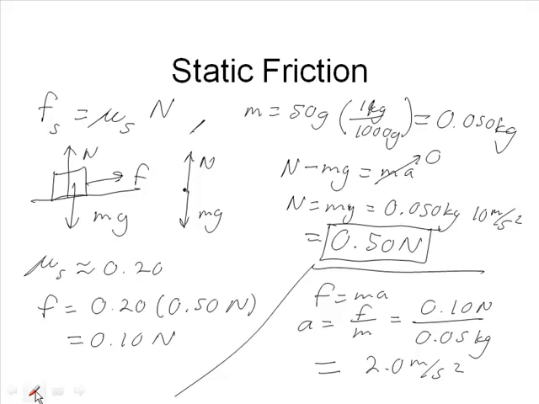So let's consider the reasonableness of this. We've just said that we've got a force of friction of 0.10 newtons, which will give us an acceleration of 2 meters per second squared. Let's look at the situation and think about whether or not it makes sense. So we've just determined that this calculator has a mass of approximately 50 grams, which means it has a weight of about half a newton, and that half a newton weight is matched by approximately a 1/2 newton normal force pushing it up.